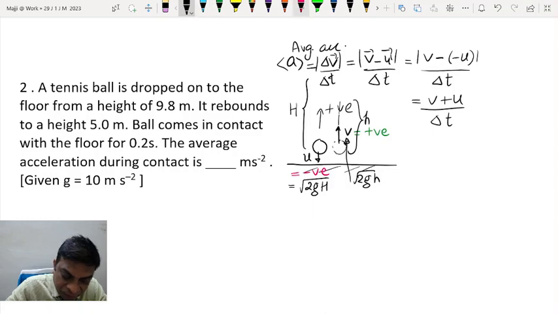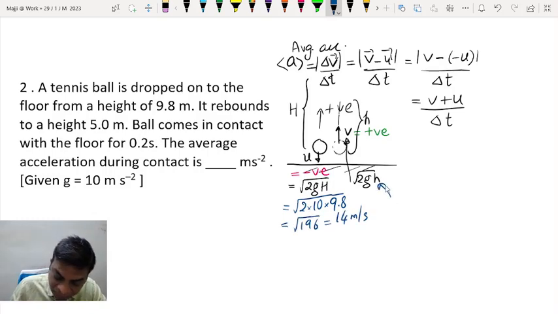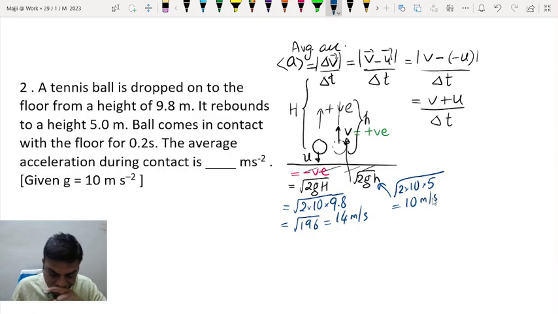Let us calculate those values. Root 2 g is 10, h is 9.8, so it is under root 2 into 10 into 5. This is simply root 100, which is 10 meters per second.